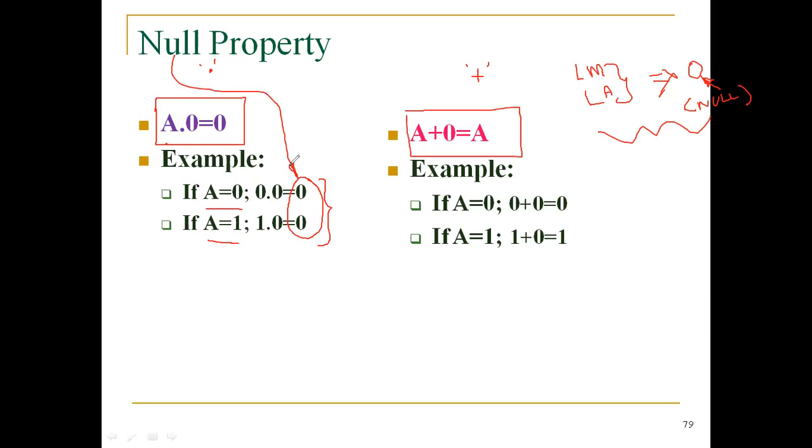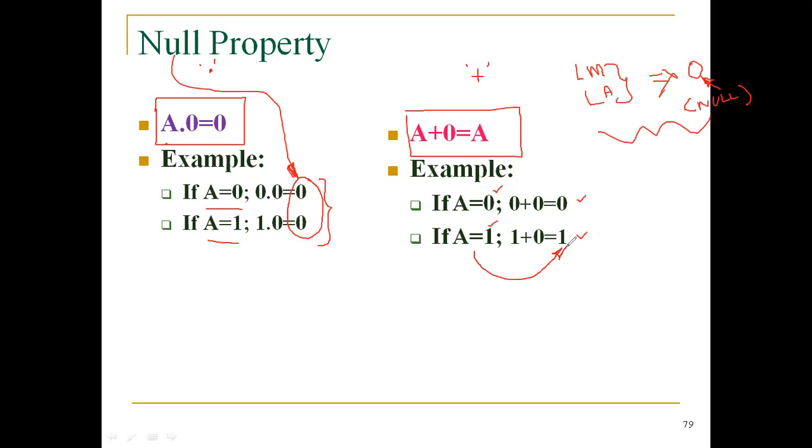Why? Because it is a dot operation. So anything into 0 equal to 0. Then if it is the plus operator, if a equal to 0, the result is a, that is 0 only. If I assume a equal to 1, the result equal to 1. So it reflects here.